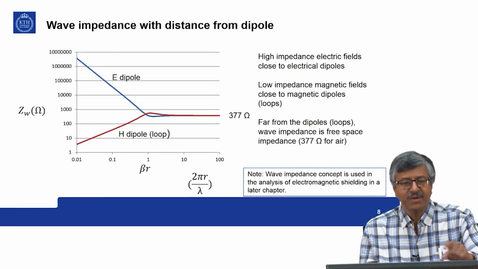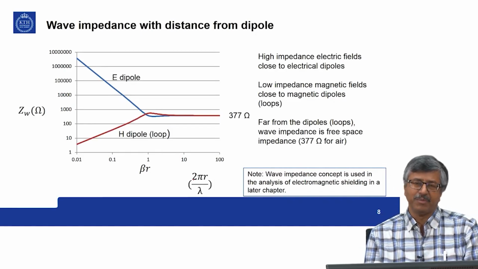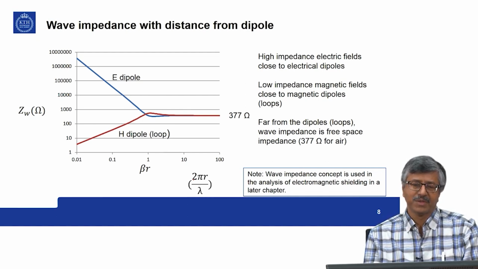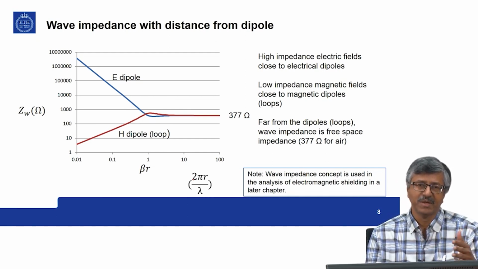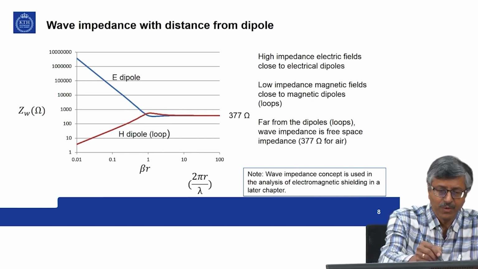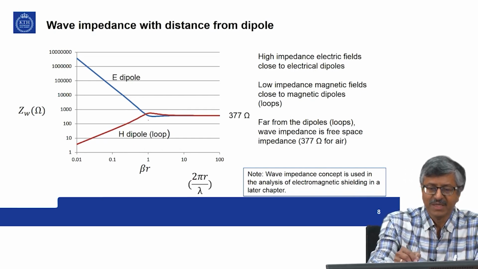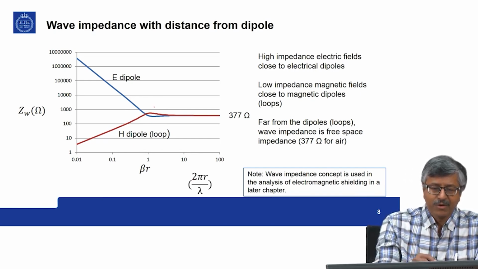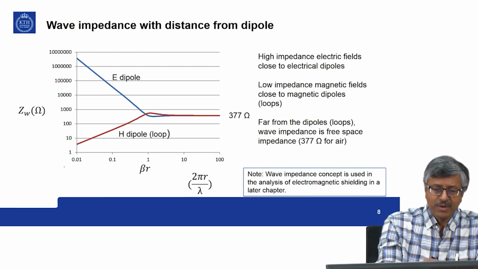We have also seen wave impedance with distance from dipole, because sometimes you can have a dipole just outside the shield or a loop. In that case, we have seen how close to the dipole it is high impedance electric field, and close to the loop you have low impedance magnetic field.